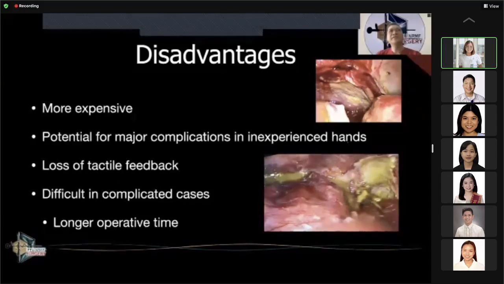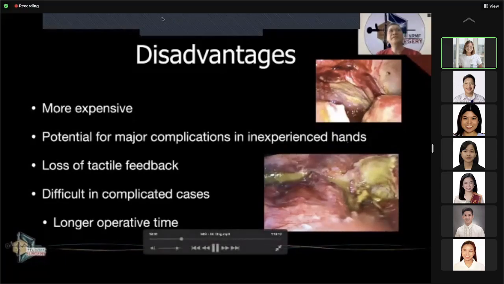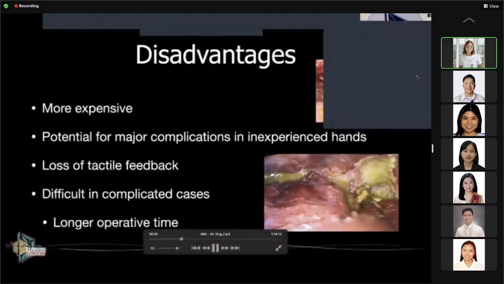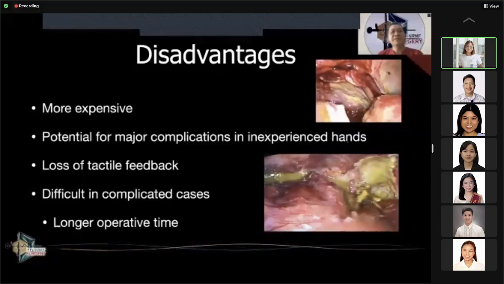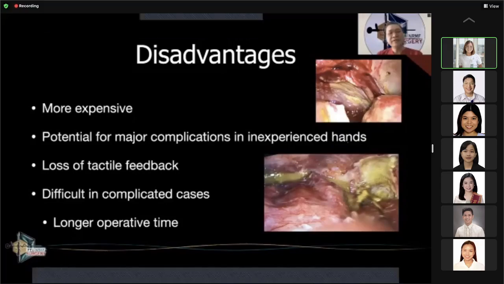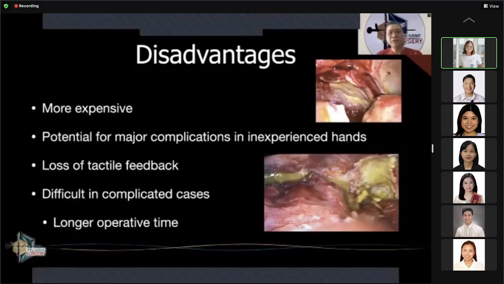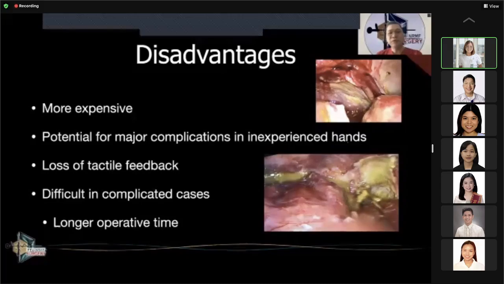The expense is actually almost the same as that in open surgery, because in open surgery, you stay in the hospital for an additional 2 to 3 days. So the cost that you spend for staying in the hospital is actually better, because you are already being discharged in laparoscopy earlier than open surgeries.